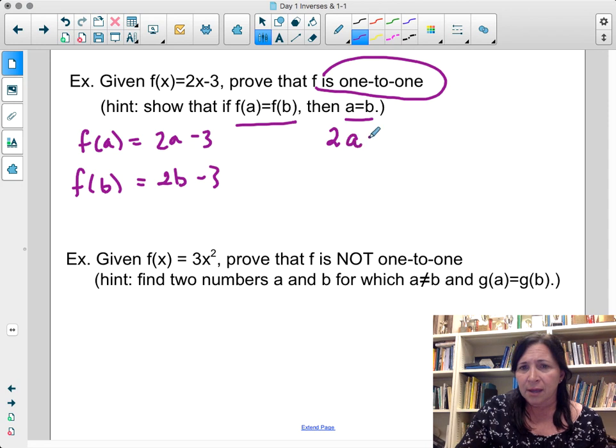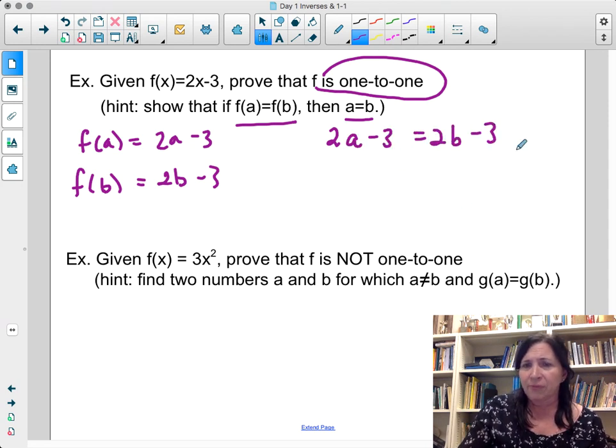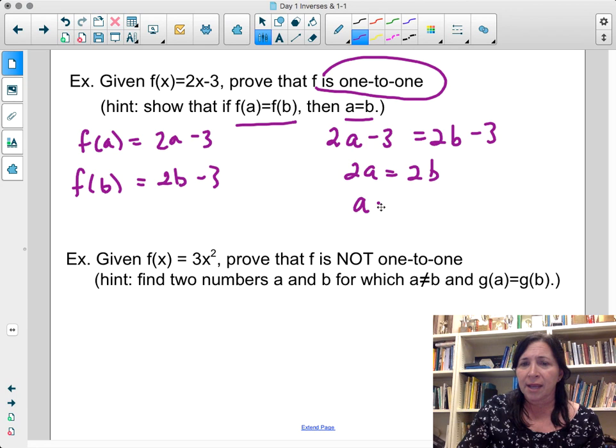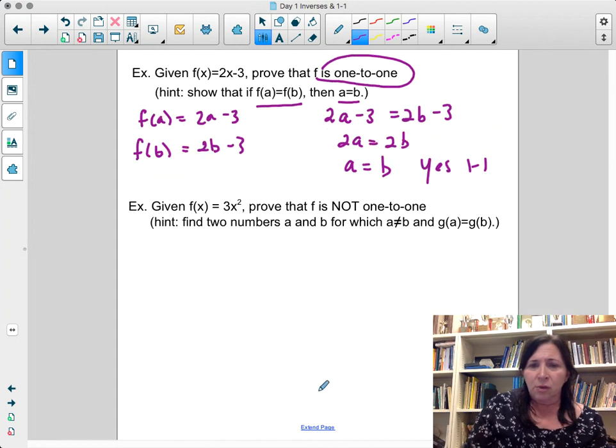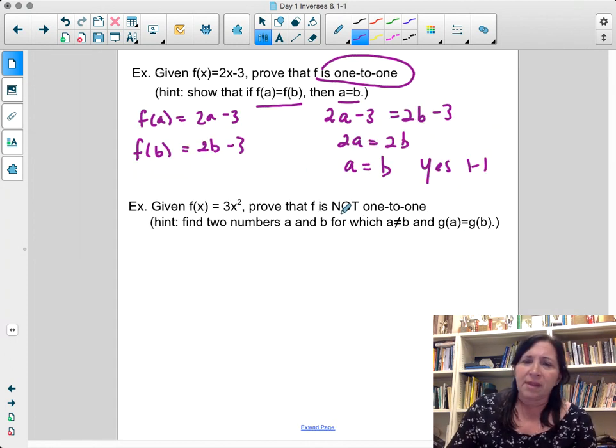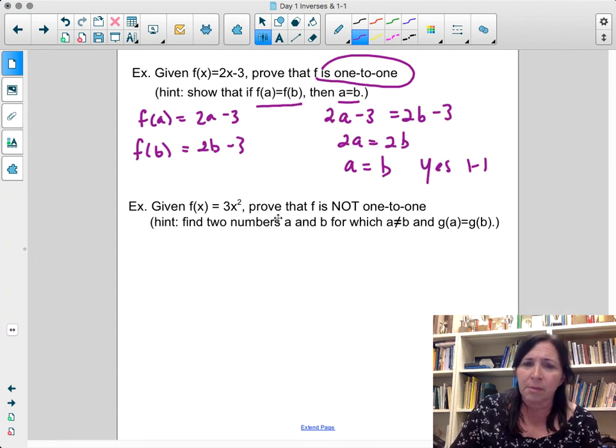So 2a minus 3 should equal 2b minus 3. Well, if I add 3 to both sides, I get 2a is equal to 2b. If I divide by 2, I get a equals b. Yes, they're one-to-one.